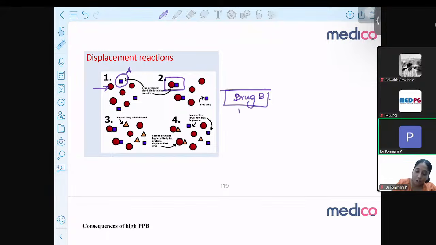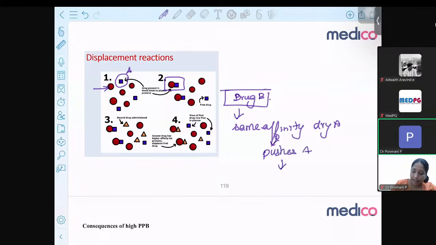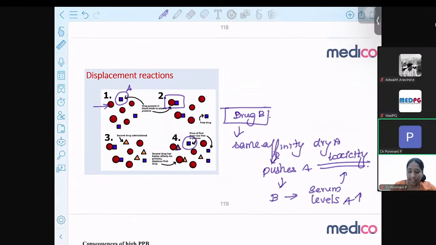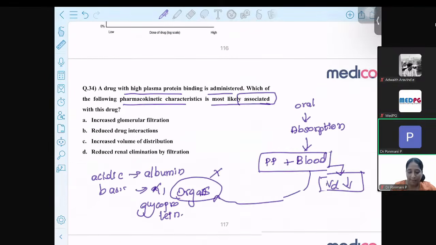This second drug also has the same affinity as drug A. So it pushes drug A from the side and this goes and attaches. So what is happening? The serum levels of drug A will increase and this will cause toxicity. So plasma protein binding causes displacement reactions. These are the dangerous consequences of plasma protein binding.